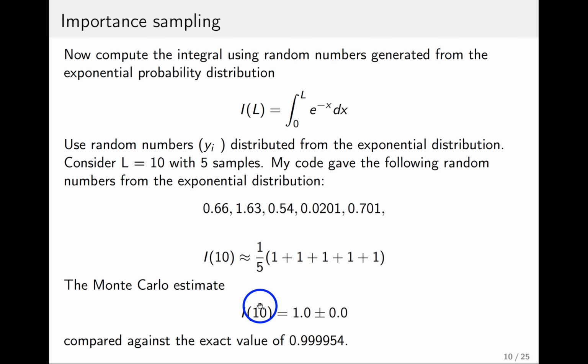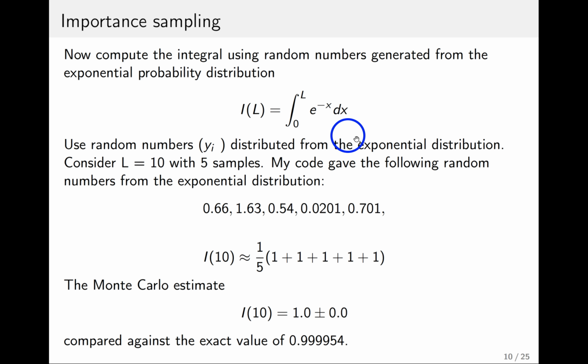Then the Monte Carlo estimate is 1 plus or minus 0. In this case, there's no variation, and we're very close to the exact value. But what's happened here, whereas before when we used uniform random numbers between 0 and 10, there was a big variation in the numbers, and when we did the variance, we had a 60% error. Now we have a 0 error.